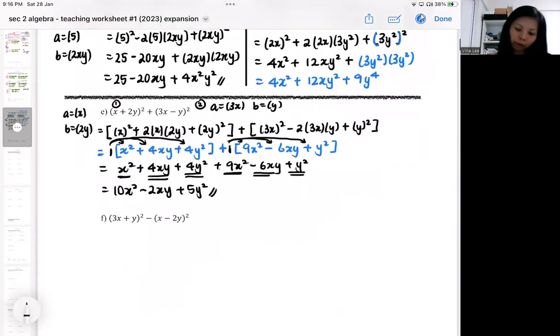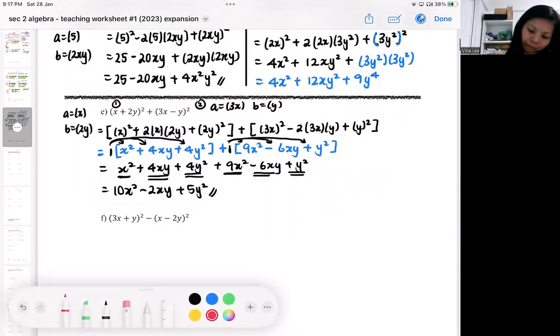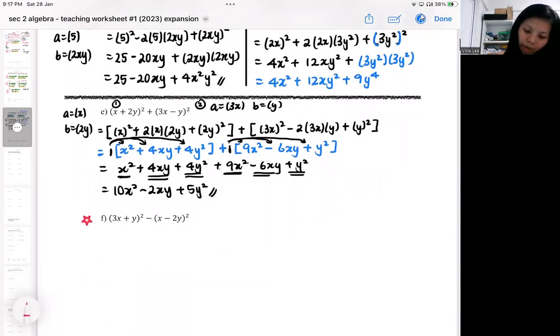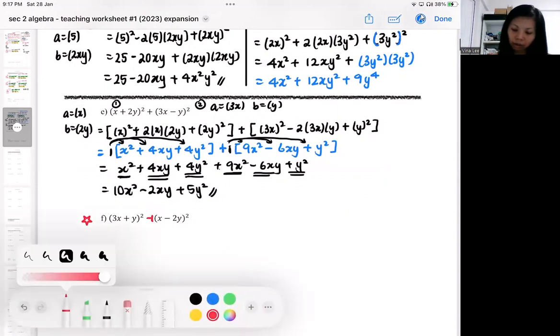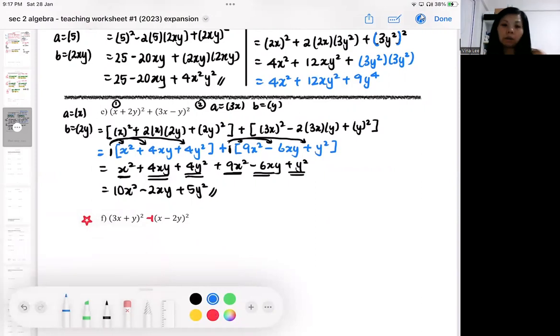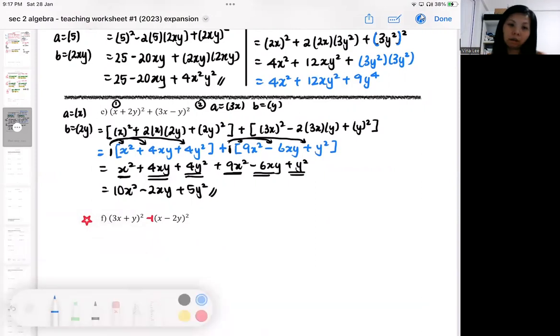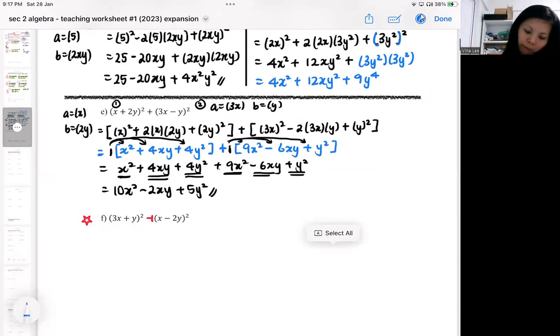Okay, subtraction is the tricky one. Because subtraction stands for a -1. So there is a -1 that you got to arrow in. So if you forgot that there's actually a -1 to arrow in, you will have all the sign error. So the first part is formula 1 with A equal to 3x, B equal to 1.